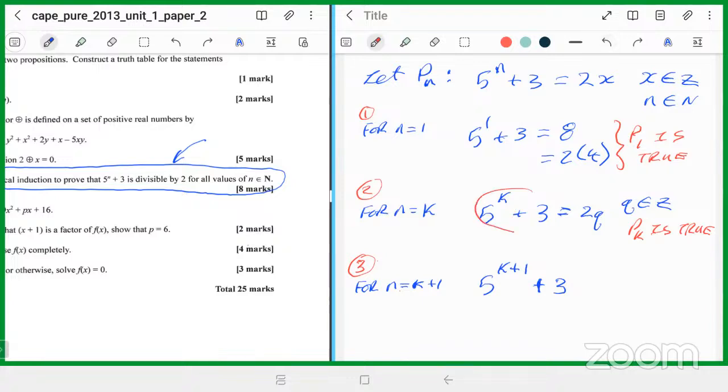So from this expression, I could go and write that 5 to the k would actually be equal to 2q minus 3. And so I can substitute this for a 5 to the k somewhere down there. But the first thing you want to do is break the 5 to the k out of this. So what would this be equal to?